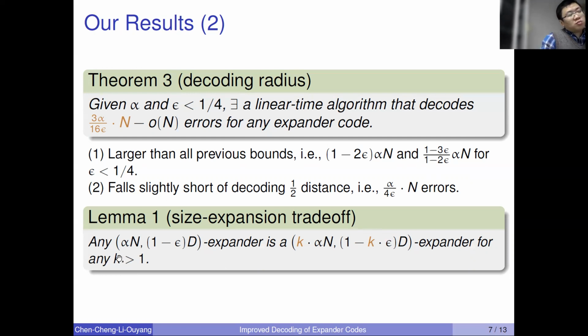Specifically, for any k greater than 1, the expansion of a subset with size k times alpha n is (1 minus k epsilon) times d. That's all I want to say about our results.